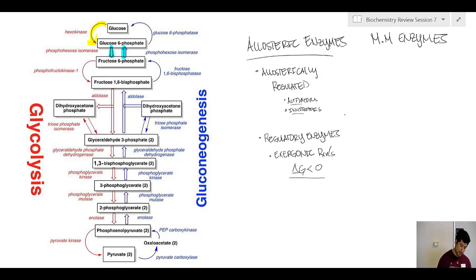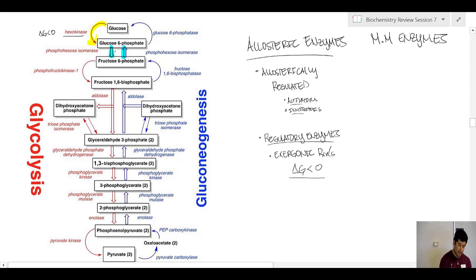So let's go back to the diagram on the left. Here you see glucose getting turned into glucose 6-phosphate by the actions of hexokinase. And remember, hexokinase is an allosteric enzyme, so it is a regulatory enzyme. What that means is that this reaction has delta G less than 0, so it's very favorable, it's spontaneous.